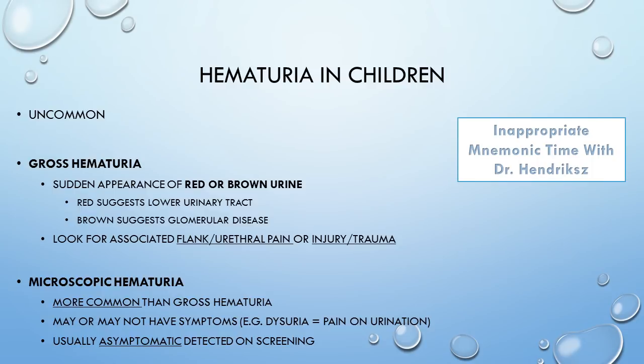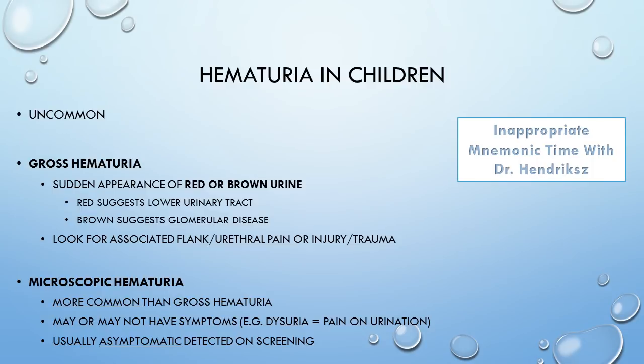So when we see hematuria, we want to think infection. So certainly something like urinary tract infection, bladder infection, pyelonephritis, those can all cause hematuria. Another thing to think about is trauma. So trauma to the urinary tract itself, saddle injuries, anything like that. The next one is tumor.